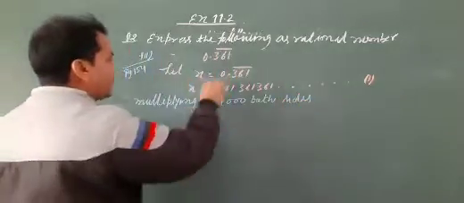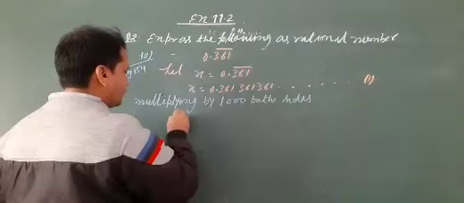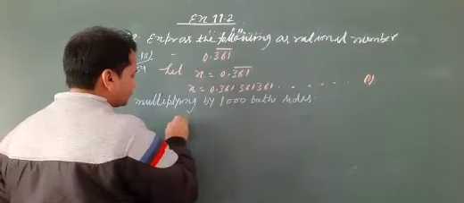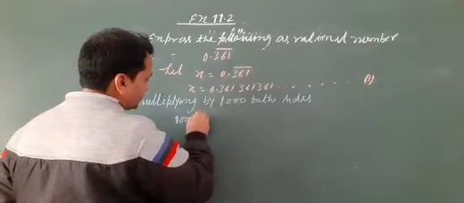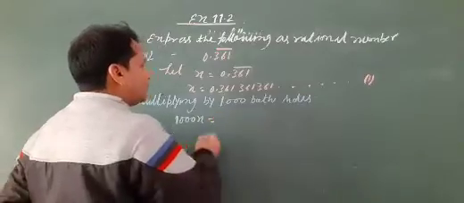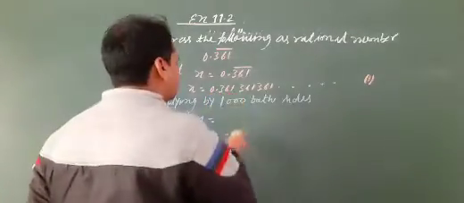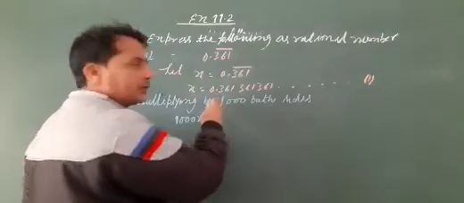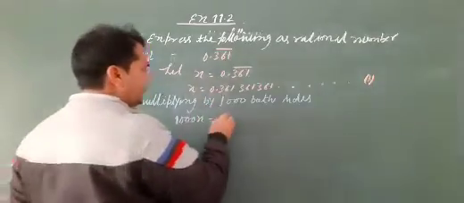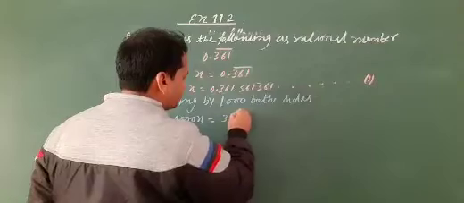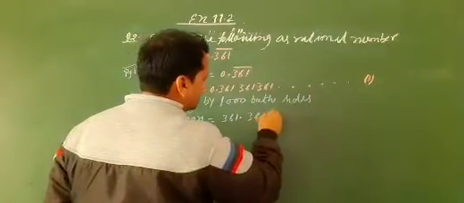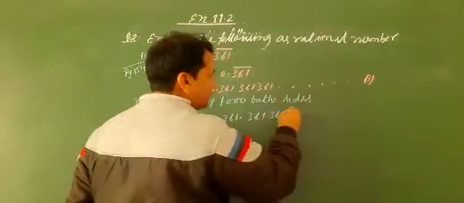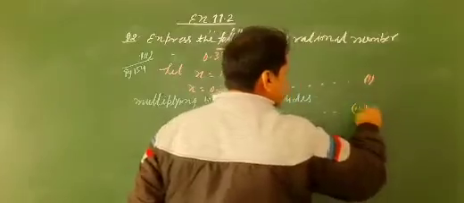So here 1000x equal to 0.361 with the decimal point shifted after the 3 digits, then 361.361 repeating, that is the second equation.